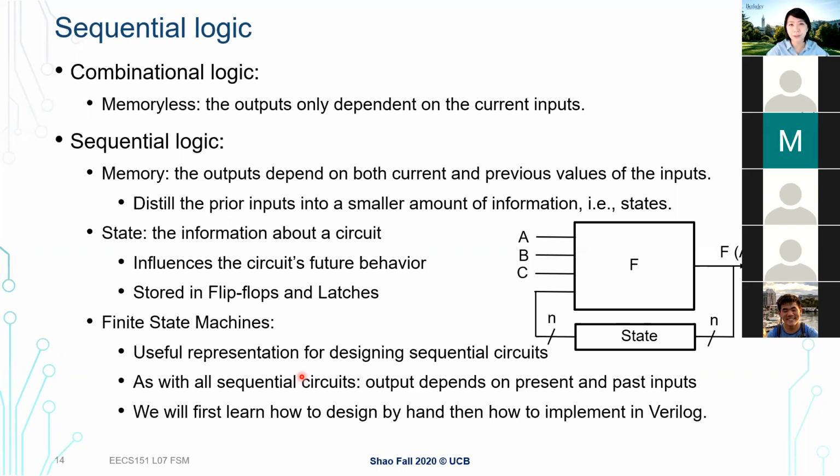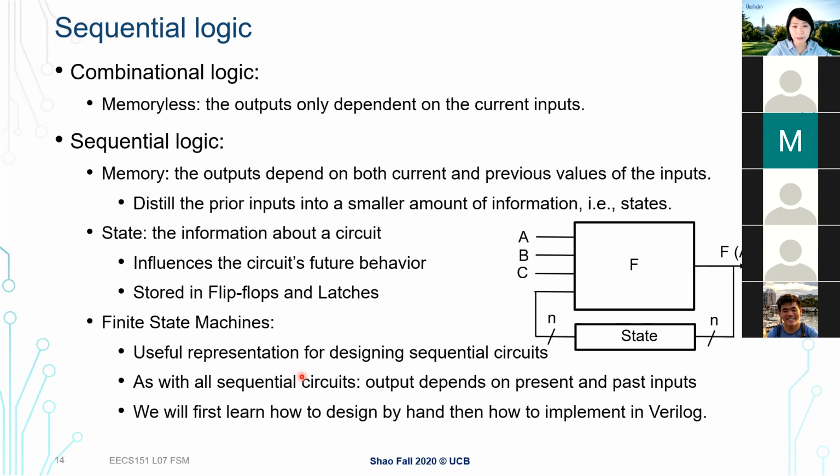So we'll do a quick review here, but also focus on how we can build different flavors of finite state machines. And this notion of thinking about finite state machines is not only applied to digital logic, but also to some of the software engineering principles in thinking about how you structure a complex software design. So the underlying principle is applicable in different disciplines. So again, it is a very useful representation when we think about sequential circuits.